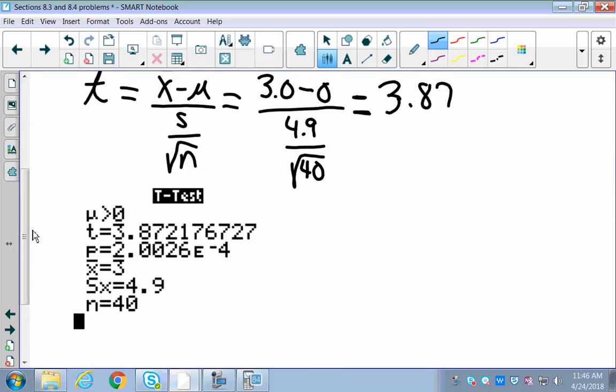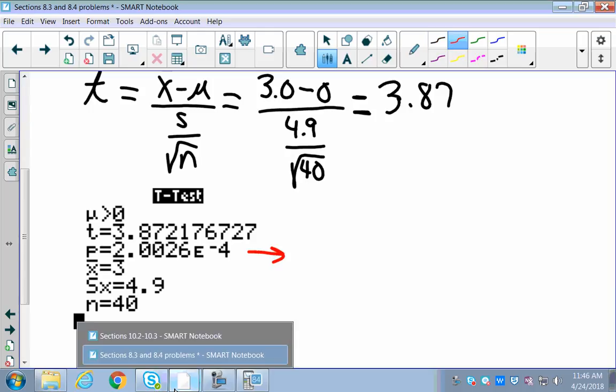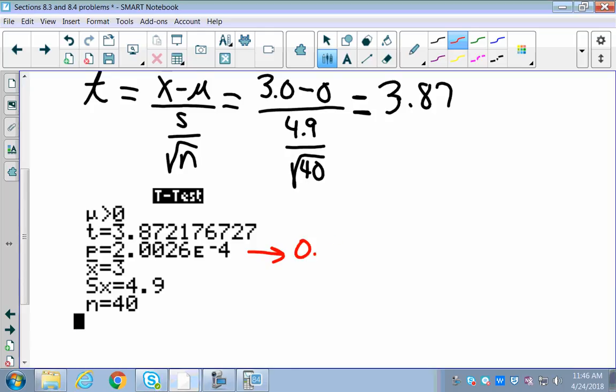And again, my p-value, with that -4 means I'm moving my decimal 4 places, so I'm going to have 0.0002. Yeah, we're going to end up rejecting, aren't we?